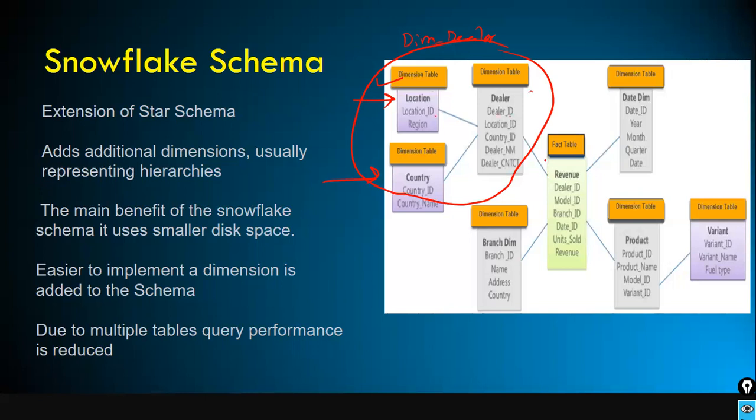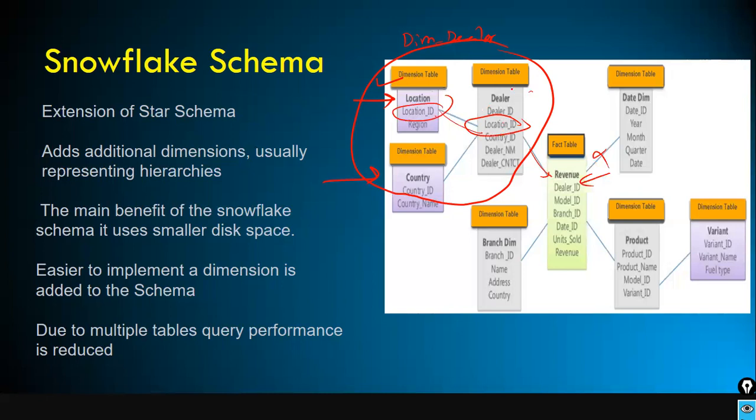In order to get the sales revenue breakdown by location, it has to navigate from location to dealer, from dealer to revenue, because the dealer only has the location ID. Whereas here you don't see the location ID in this table. You don't have the location ID.